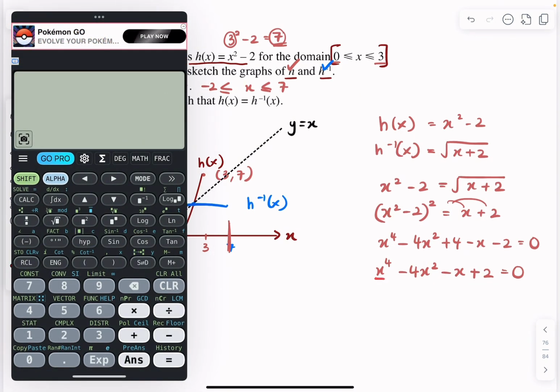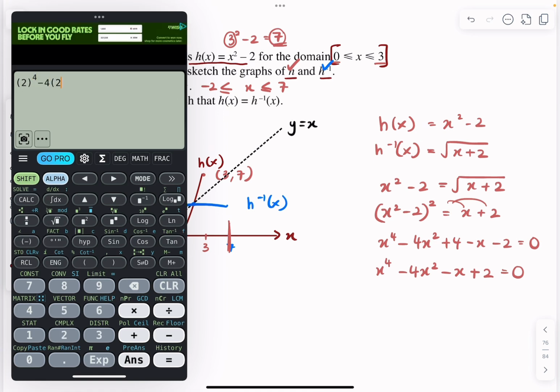We sub the x values. We try 2. So 2 to the power of 4 minus 4 times 2 squared minus 2 plus 2. Oh, we get 0. This one was just trial and error.